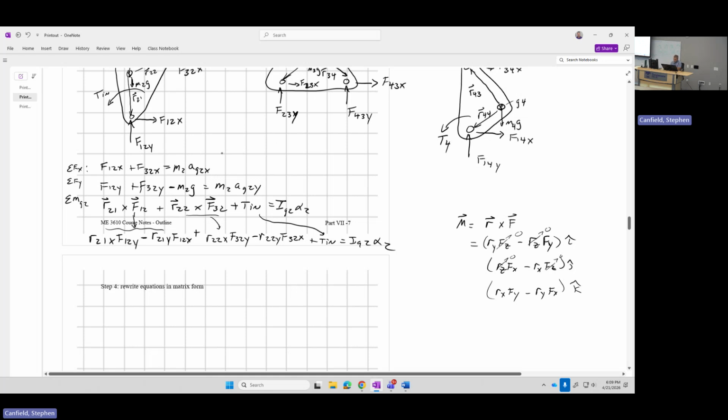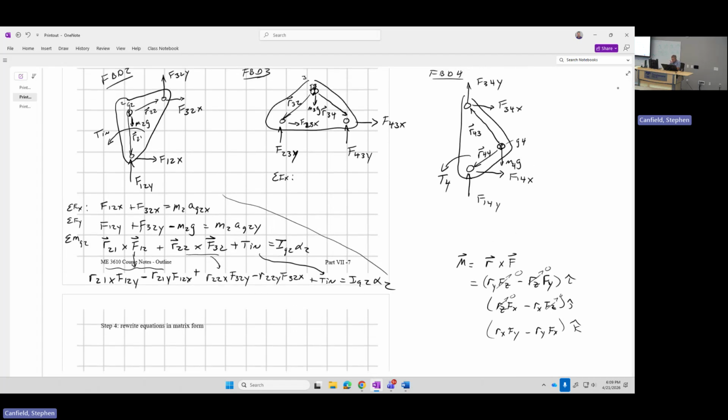And I'm going to repeat that for all the bodies. Come to the second body, sum of forces in the x. I'm not going to do all this for you, but I'll show you this one. So sum of force in the x. Let's take a look at this guy. Now, there brings a little issue here, and that is, as I have the unknowns, we just talked about Newton's third law, action reaction. So I've got an F32x and F23x showing up on these two bodies. I know they're equal and opposite.